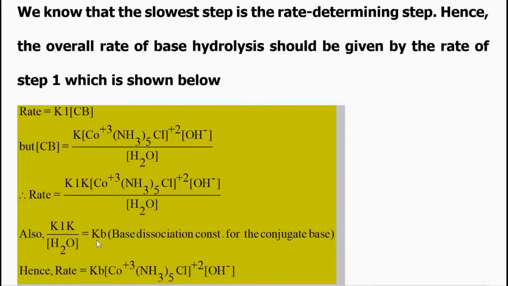That is a general equation. And this Kb is called the base dissociation constant for the conjugate base. Therefore, if we put K1 K upon H2O equal to Kb, then this equation will be rate is equal to Kb multiplied by [Cu(NH3)5Cl]+2 multiplied by OH minus. So this becomes the equation for the rate of the SN1 Cb mechanism.